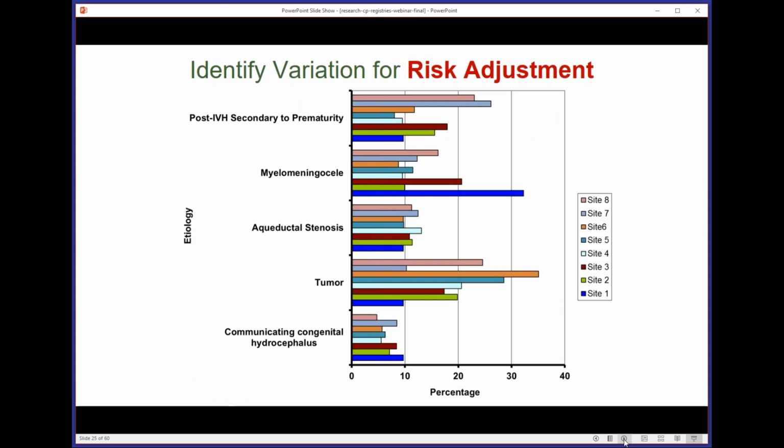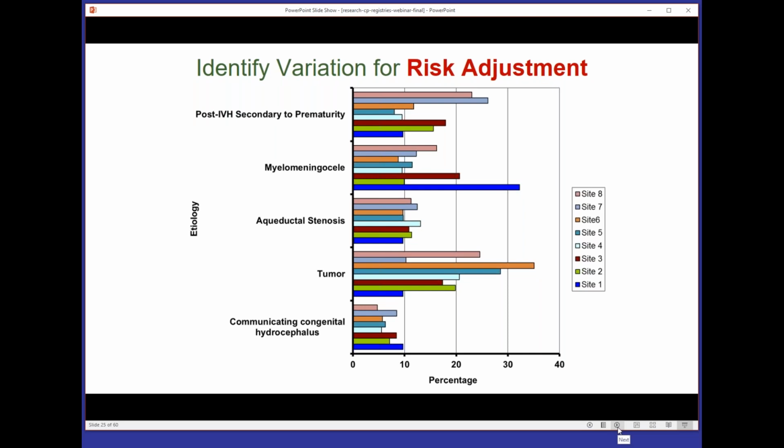Another important, critical thing that a good registry will allow you to do is that each site has its own fingerprint. For example, Canadian sites have a much lower chance of myelomeningocele, and other sites will have higher tumor rates because of the way they generate their business, say, a national referral center for tumors.